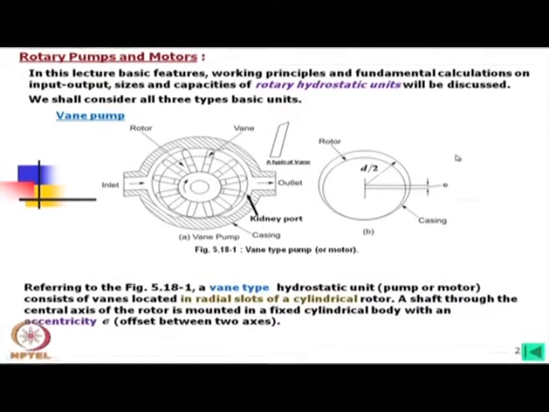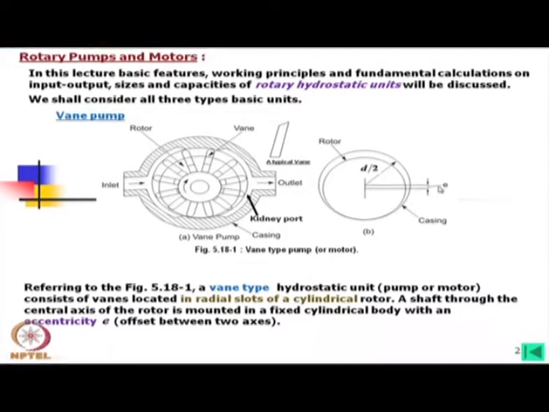Then this can be used as both pumps and motors. I shall explain it. This cam now has an eccentricity with this casing.